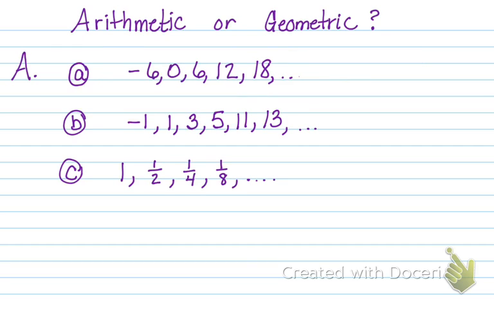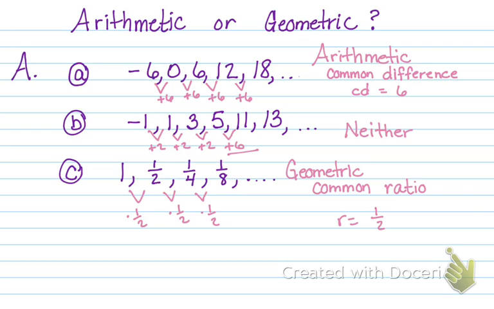Now for these, I want you to determine whether they're arithmetic or geometric or neither. So I want you to look, are you getting a common difference or a common ratio? And that will tell you whether they're arithmetic or geometric, or if you get neither, then they're neither one. They're a pattern maybe, we just may not be able to easily find it. So pause, see if you can identify it, and then check your work.